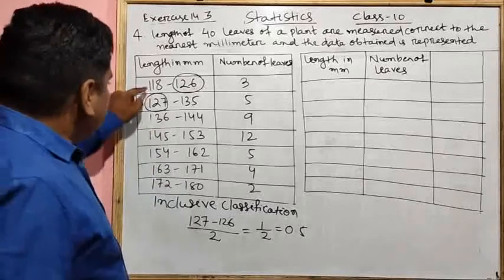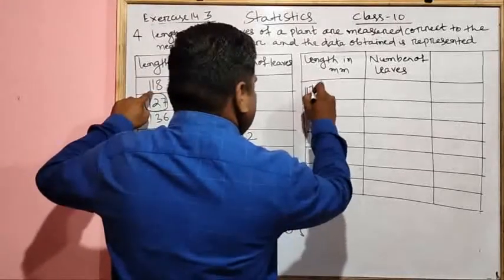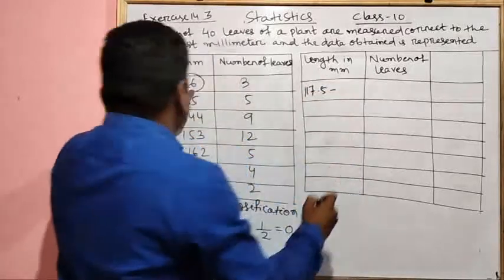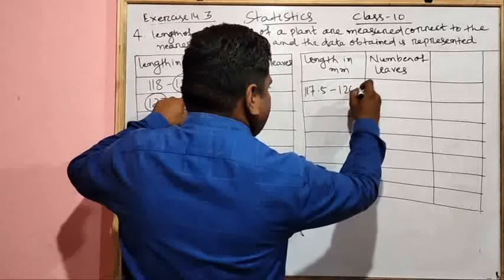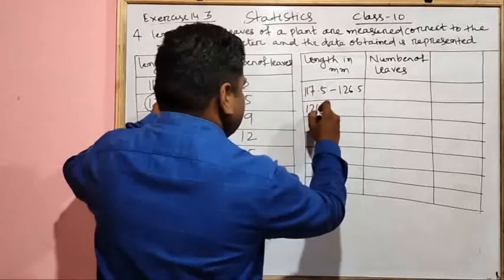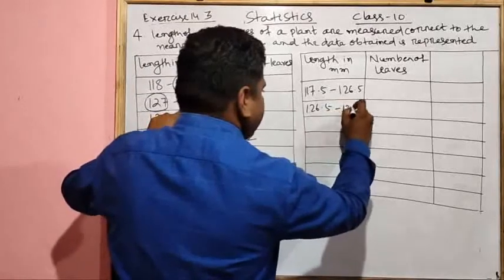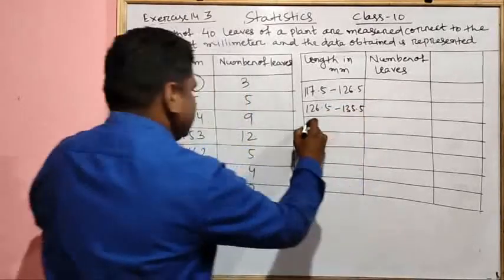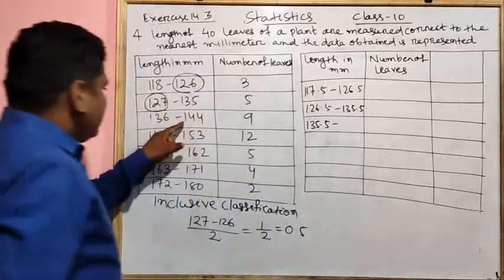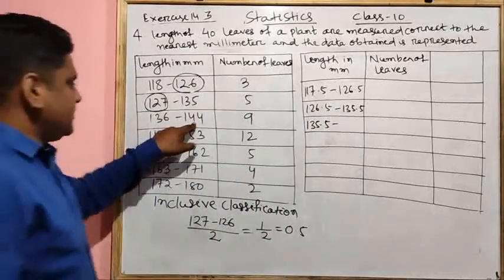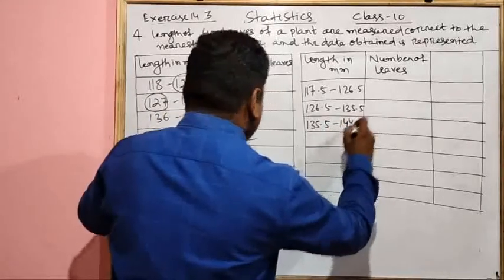So 118 minus 0.5 is 117.5. 126 plus 0.5 is 126.5. Next, 126.5 to 135.5. Next is 135.5, and when we add 0.5 with this one, it will be 144.5.